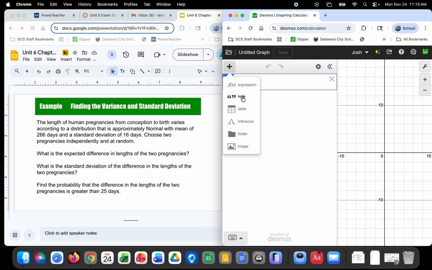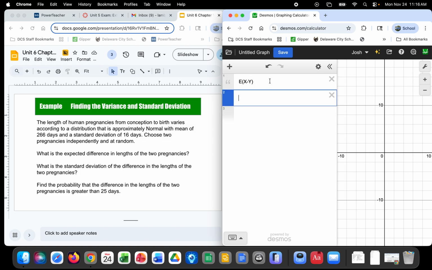So when I think about this, I'm going to have the expected value of x minus y, which is the expected value of x. Again, I'll put this in as a note. This is the expected value of x minus the expected value of y.